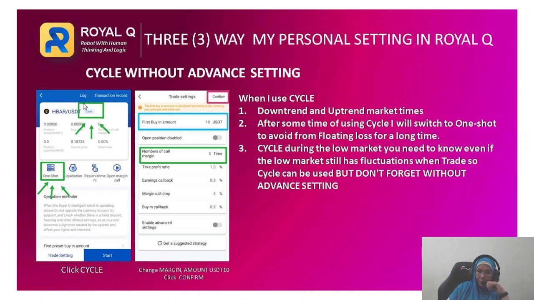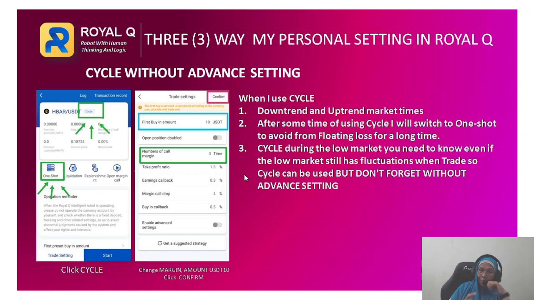If you want to use the USDT to trade or to make a new pair, then you can do manual liquidation. All right.